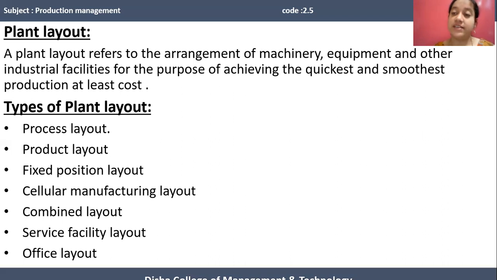Service facility layout is meant only for service providing industries or organizations. They use this layout for providing a better service to the customer. Last one is the office layout. Office layout also helps the organization arrange sequentially everything required for maintaining an office. So this is all about the types of plant layout.